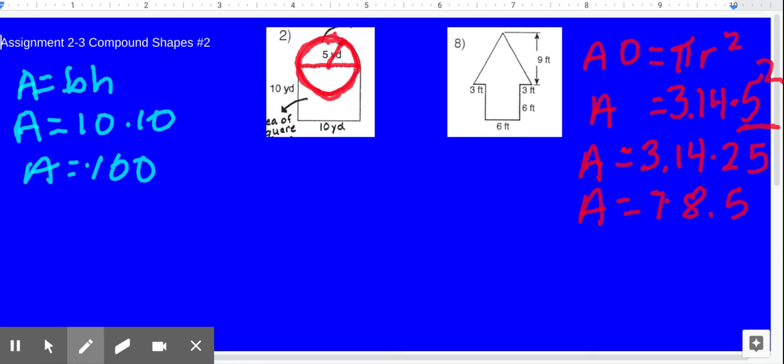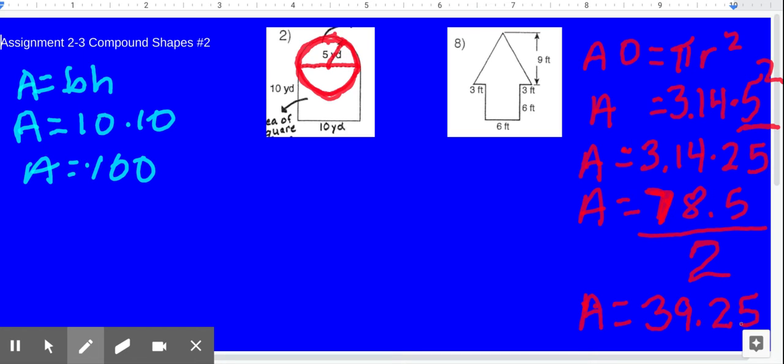How much of that circle do we need to find the area of that entire shape? We need half of it. So I'm going to divide this 78.5 by 2. So the area of the half circle is 39.25, because 78.5 divided by 2 is 39.25.